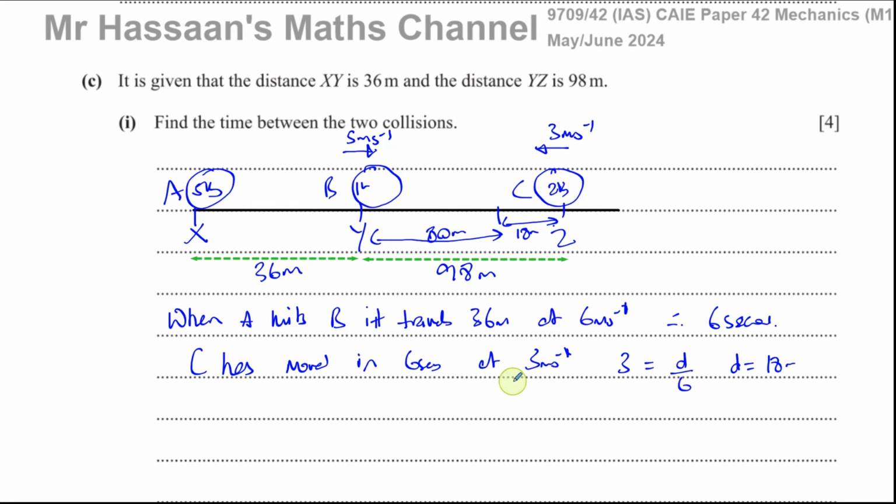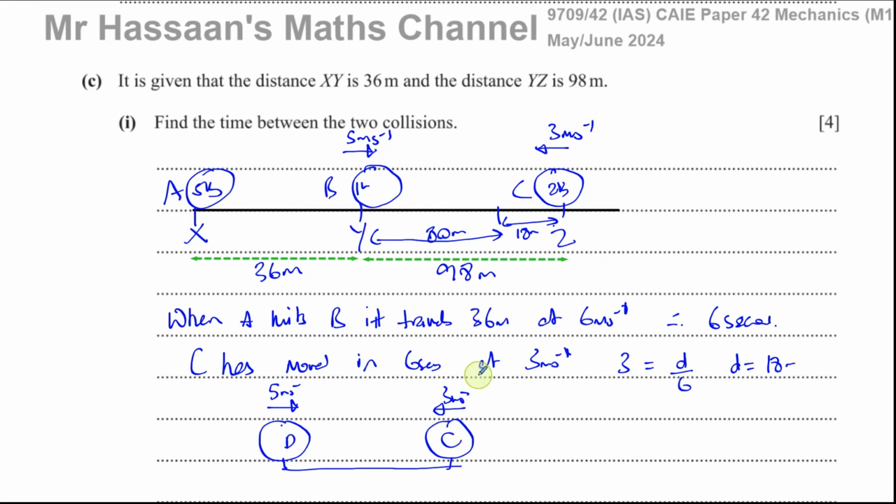Okay, so now at the point when B starts, D is moving towards C. Now D is moving at 5 meters per second, and C is moving at 3 meters per second. And the distance between them is how much?